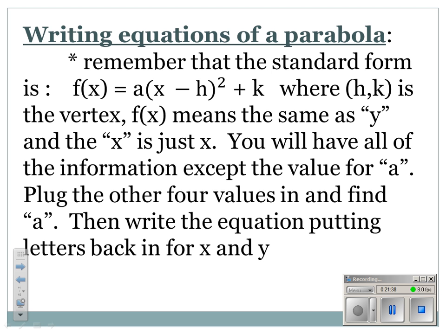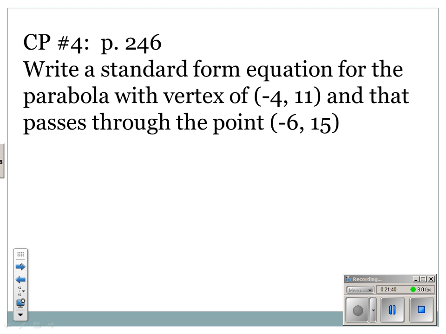Putting all of that stuff back in, let's do this one as practice. Write a standard form equation for a parabola with vertex of (negative 4, 11) and passing through the point (negative 6, 15). So if we're looking to write a parabola function in this form, we already have h, k.